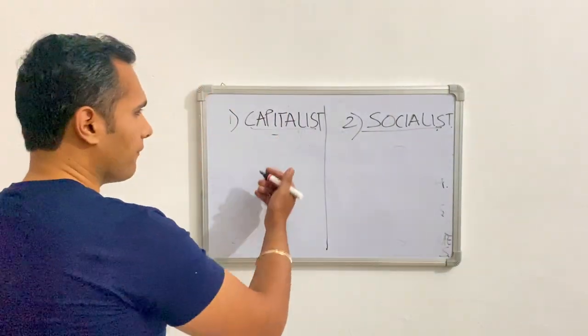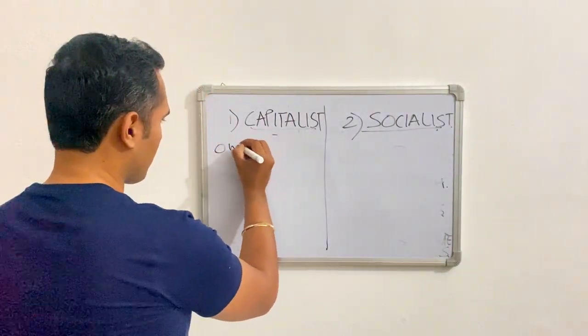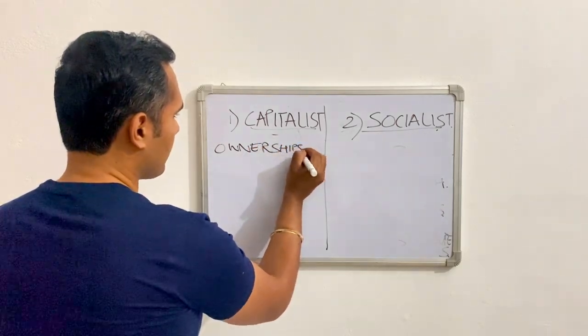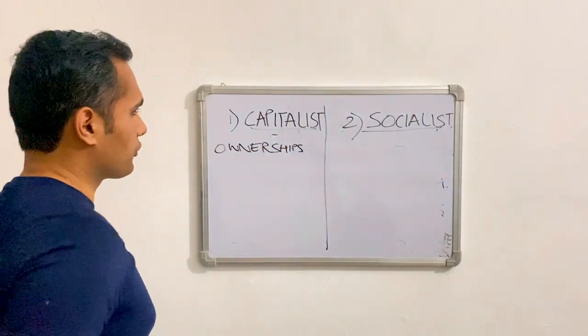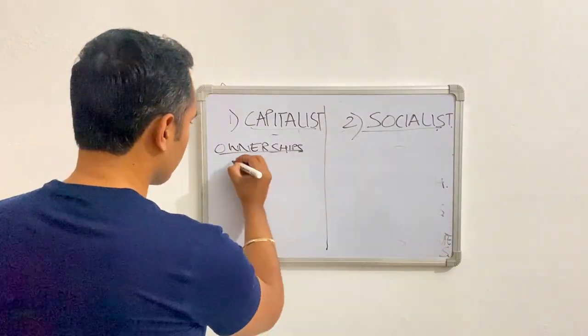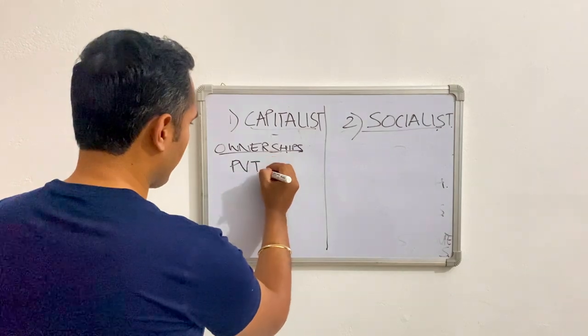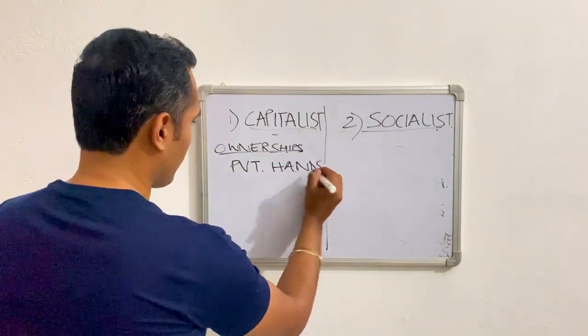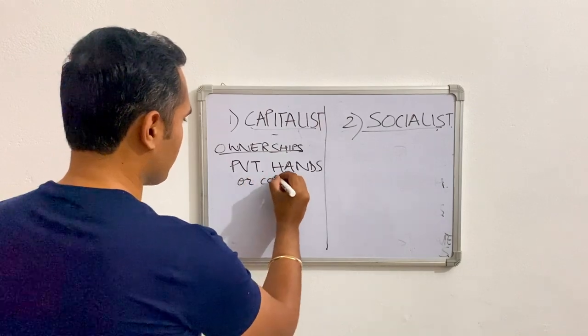So first of all, if we look at the ownership, who owns the goods and services in a capitalist and in a socialist scheme. So in the capitalist scheme, the ownership is in private hands, or you can say companies.